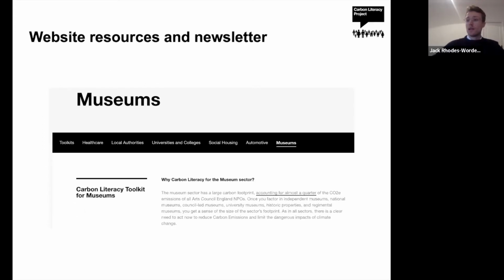I'd just like to quickly draw attention to some additional resources that we've got available on our website. If you feel like you're someone that's going to have to advocate a little bit for carbon literacy within your organisation, we have resources available that can help you make the case. We have a specific making the case document, which highlights the various benefits, so financial, social, museum specific, that you can achieve through carbon literacy, as well as carbon reduction.